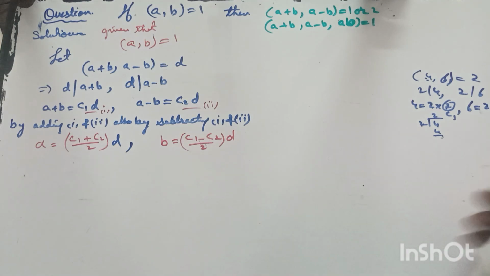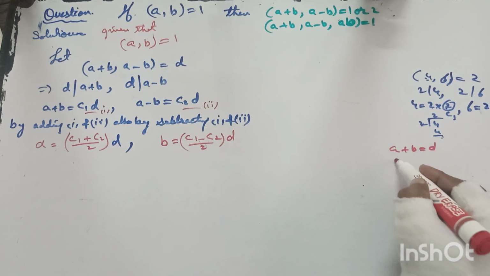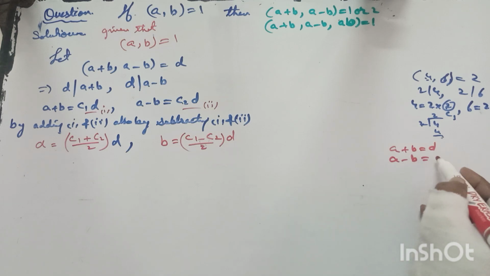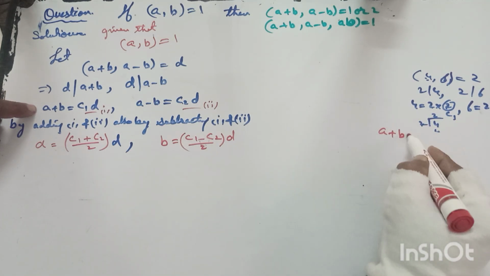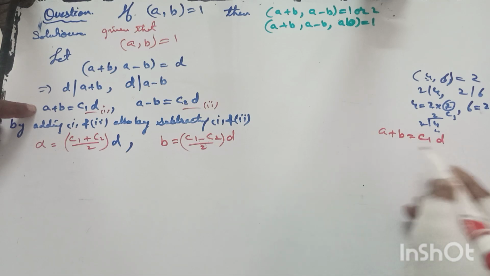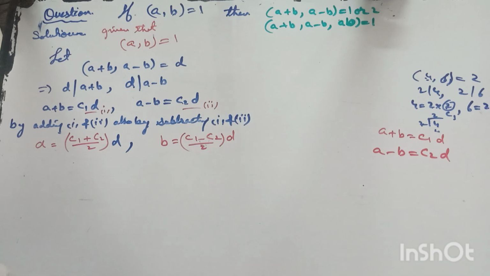I show you. A plus B is equal to C1D, and A minus B is equal to C2D.